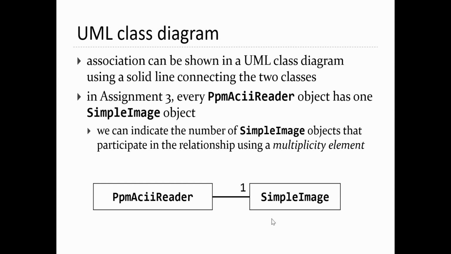Now, it's important to note that when you're drawing these class diagrams, the things you put in boxes have to be classes. So they're never primitive types. Primitive types are primitive, therefore they're not classes, therefore they don't show up in class diagrams.